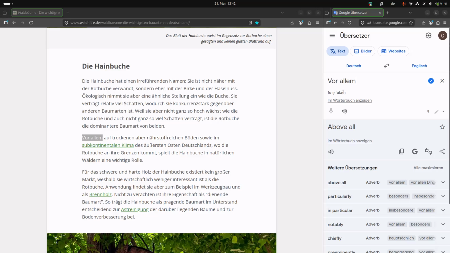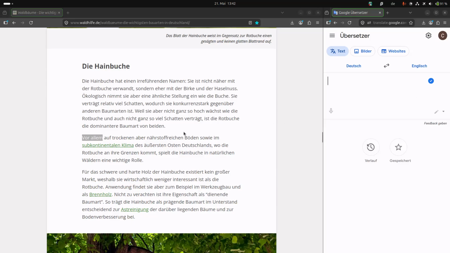Vor allem means basically before all, so basically it means the main thing, above all. Auf trockenen, on, dry, trocken means dry, trockenen is the plural form, on dry, aber, but, nährstoffreichen.